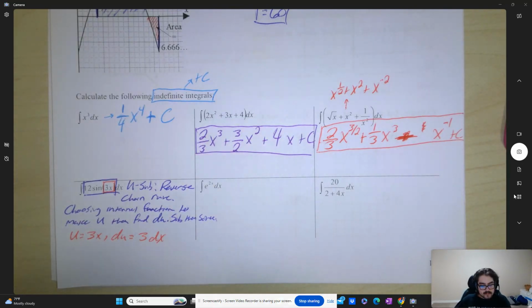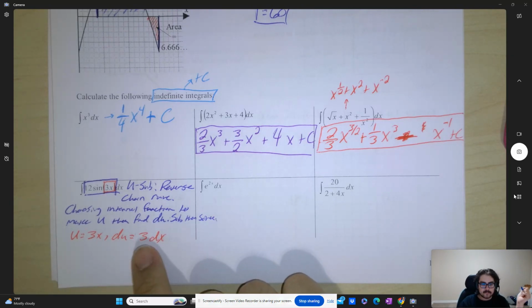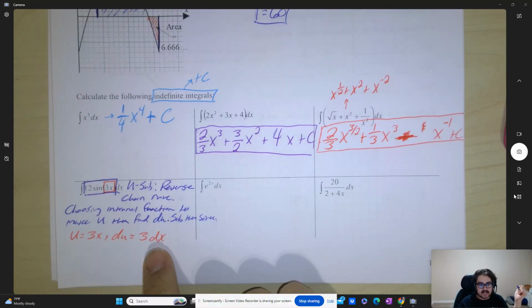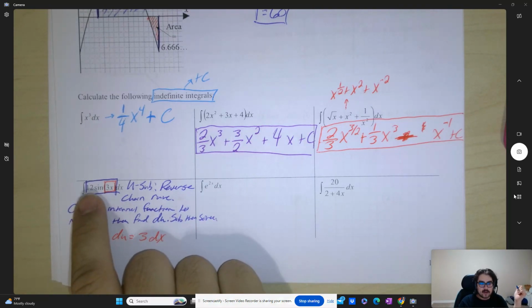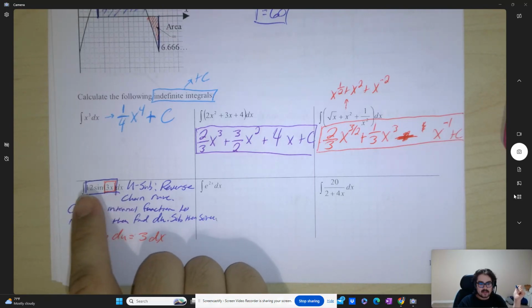So what we want to do is, instead of using everything in terms of x, we want everything to be in terms of u and du. In doing so, you notice that our du is 3dx, but we actually have 12dx out here.